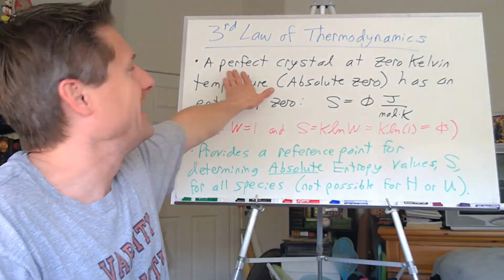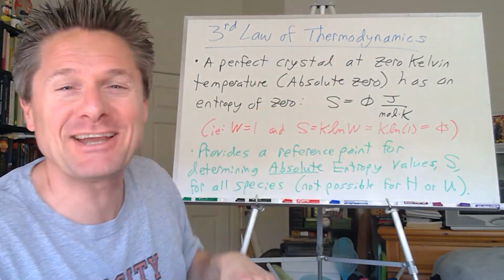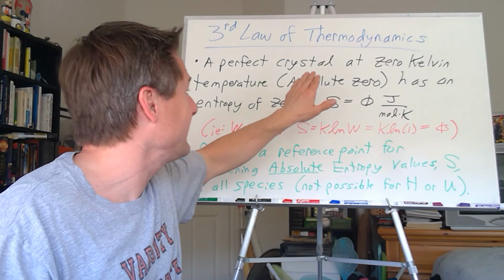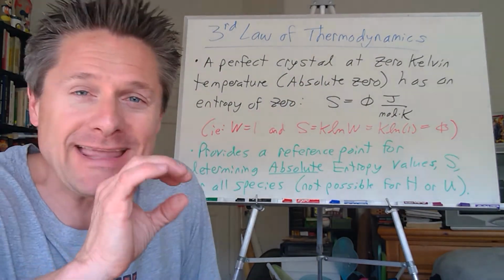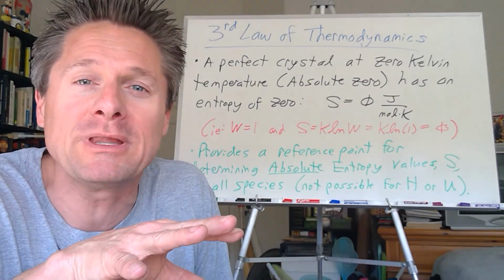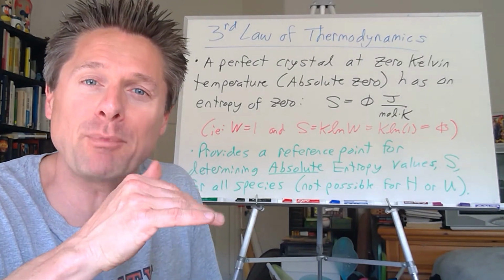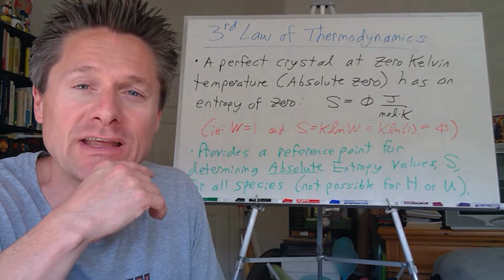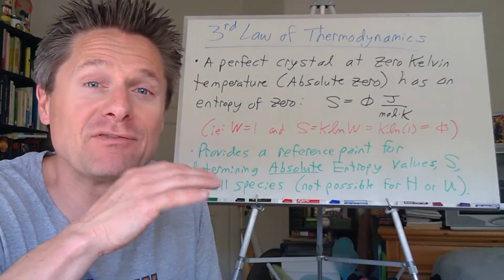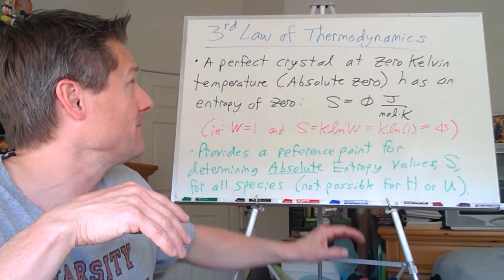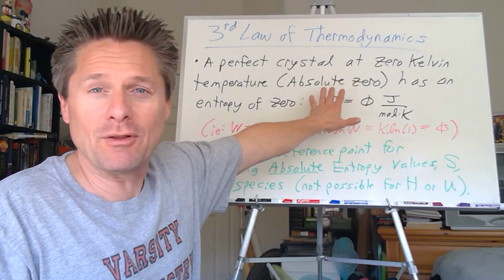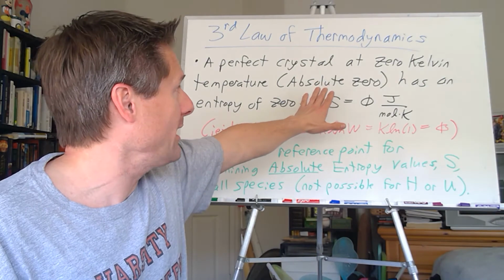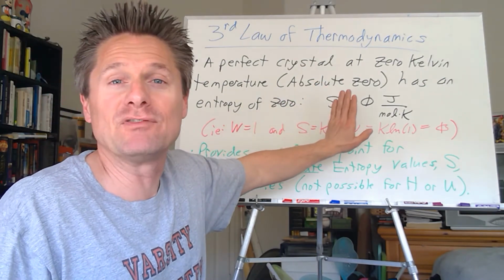Okay, anyway, a perfect crystal at 0 Kelvin. So we are at absolute 0 Kelvin. Can't get any colder. Total, complete lack of motion. Remember, temperature is a measure of atomic molecular motion. So if we're at 0 temperature, that means we have no motion whatsoever. That perfect crystal at 0 Kelvin has an entropy of 0.